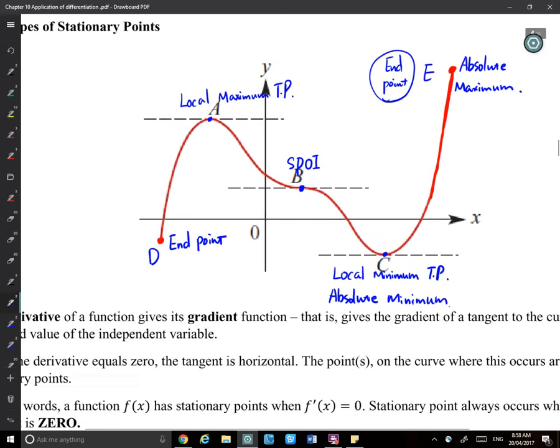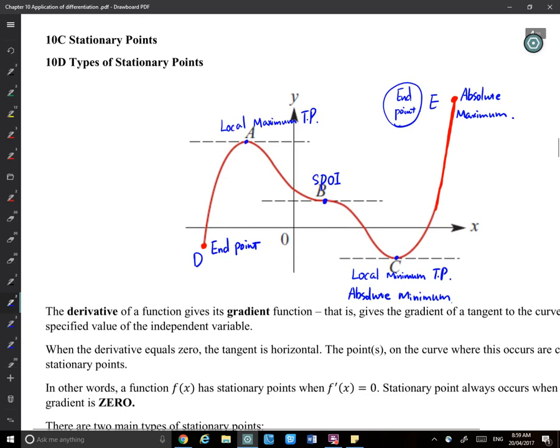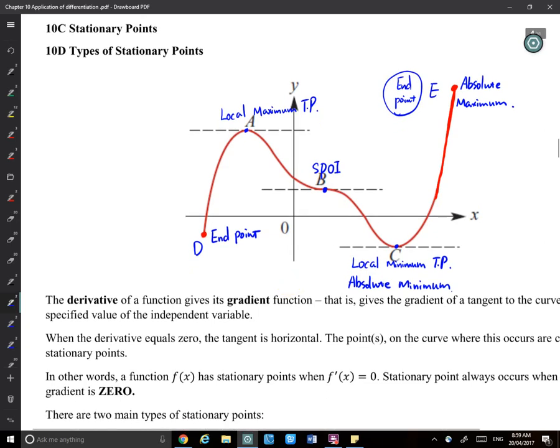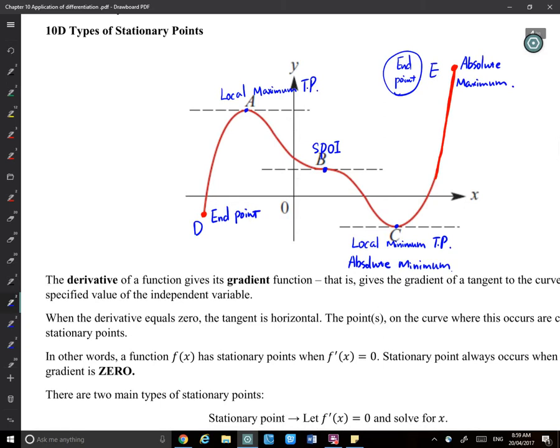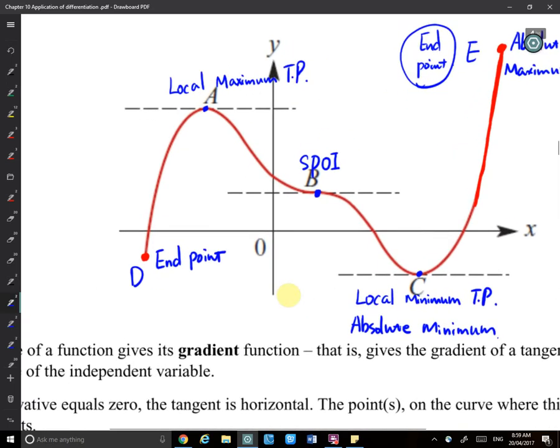Okay, so the derivative of a function gives the gradient function, and it gives the gradient of the tangent. f dash x gives you the gradient of the tangent, as we learned last lesson.